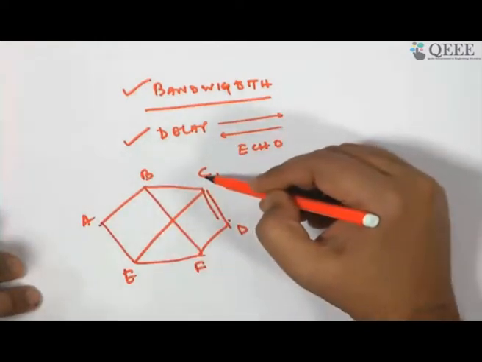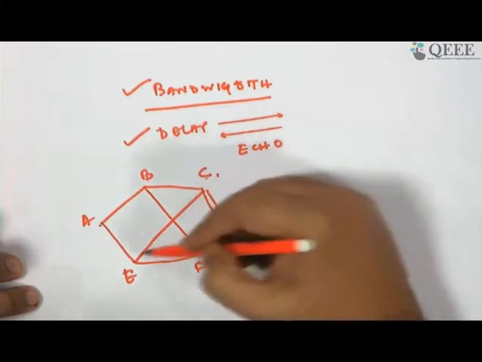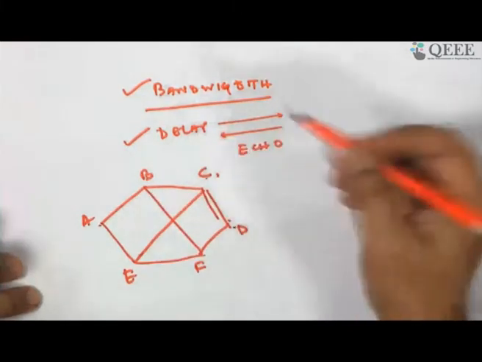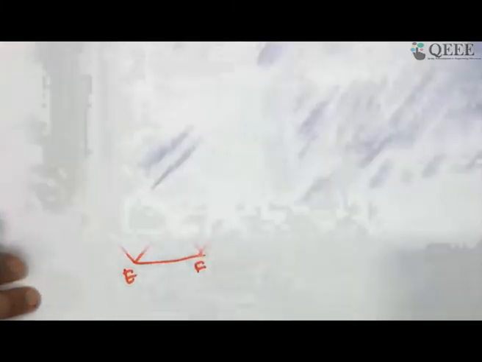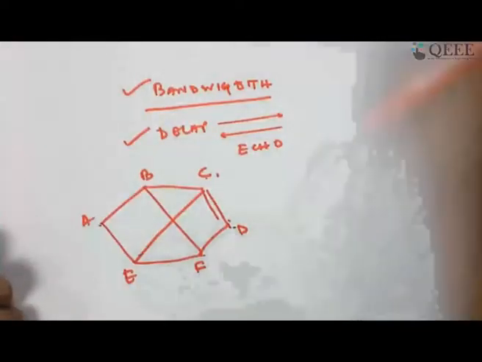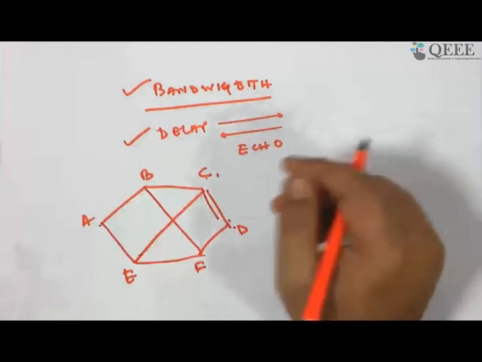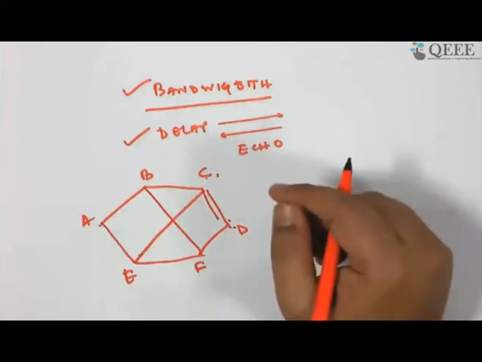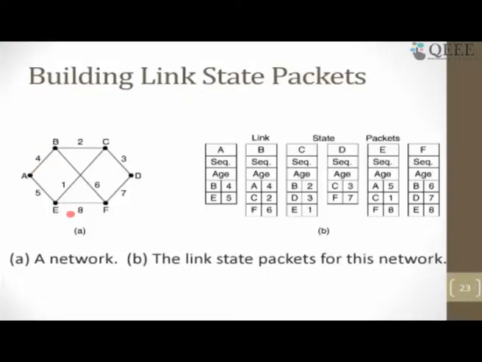E and D. This is a different network than the previous one, I am just taking another network to make you understand. Who are the neighbors of A? B and E. Neighbors of B, A and C. And we have the cost.